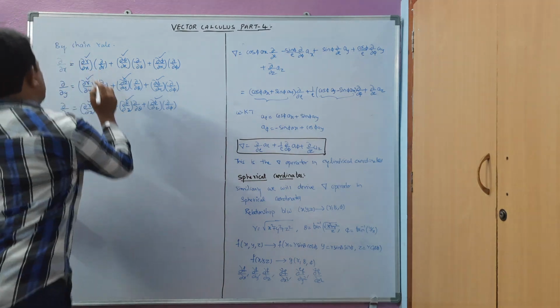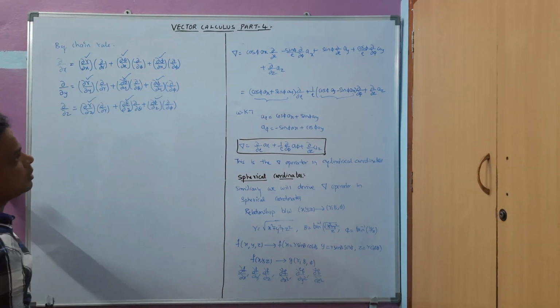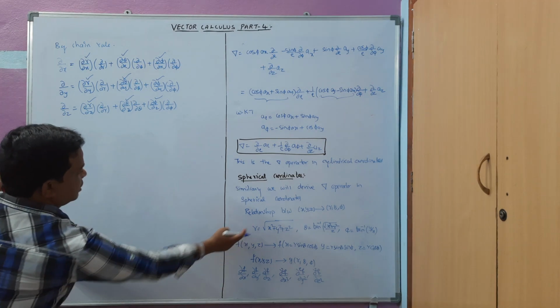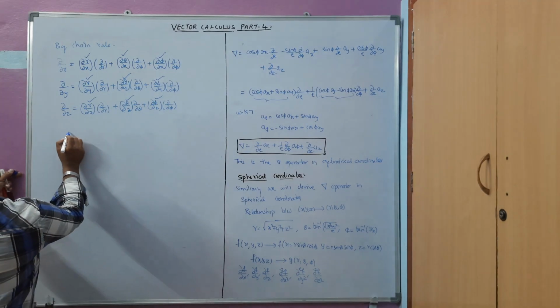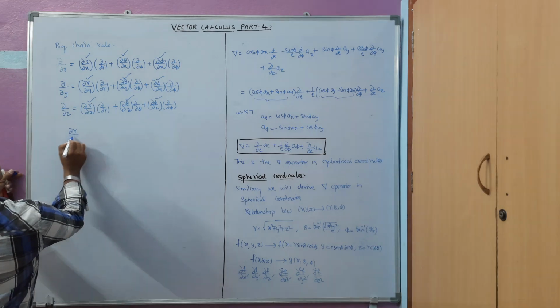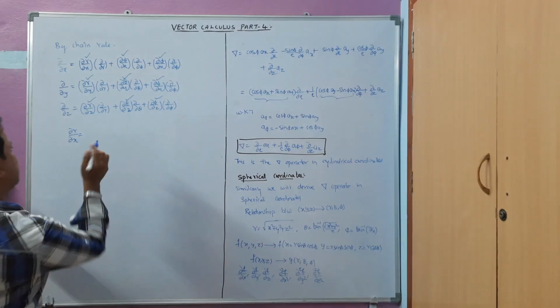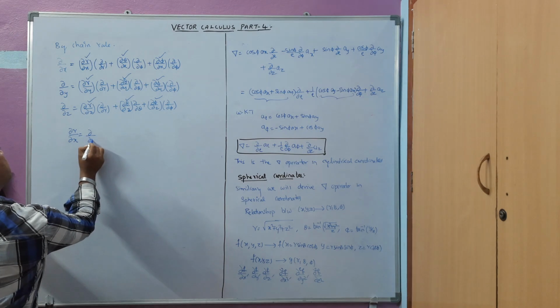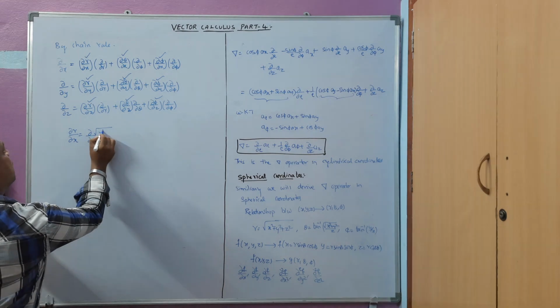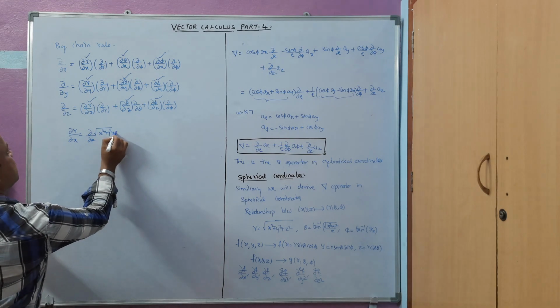Let us derive dou r by dou x. Okay, so we have written the basic relationship. Now, what is r here? We have r equal to square root of x square plus y square plus z square.